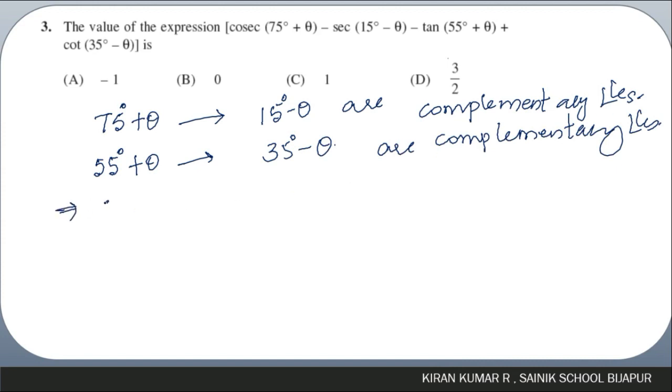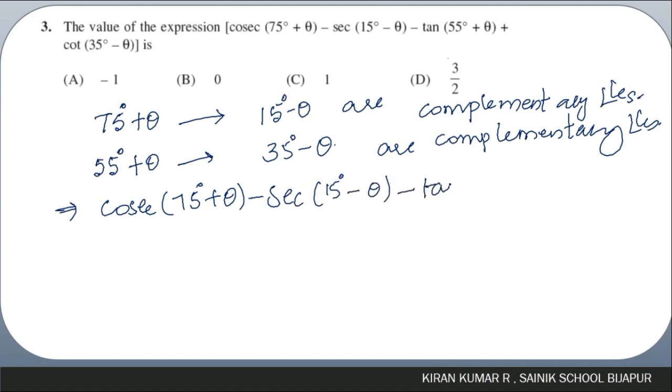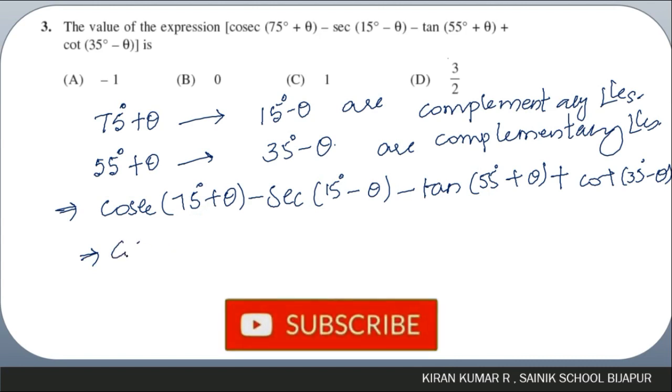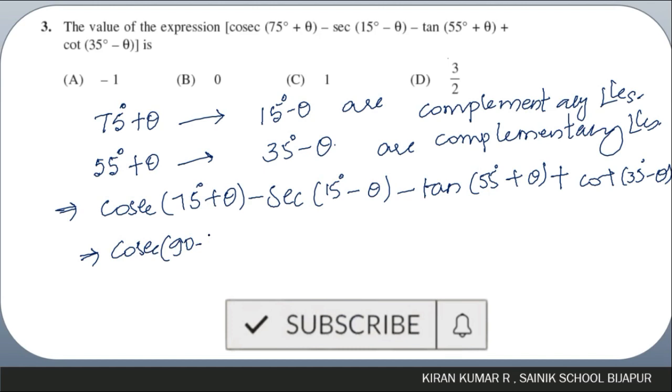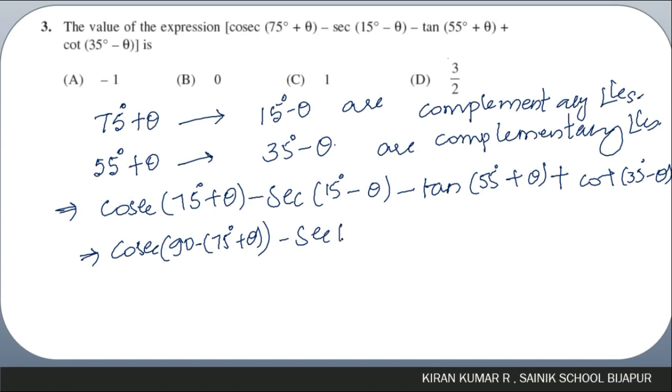Therefore, the expression cosecant 75 degree plus theta minus secant 15 degree minus theta minus tan of 55 degree plus theta plus cot of 35 degree minus theta will be, instead of cosecant 75 degree plus theta, I will write as cosecant of 90 minus of 75 degree plus theta minus secant of 15 minus theta.